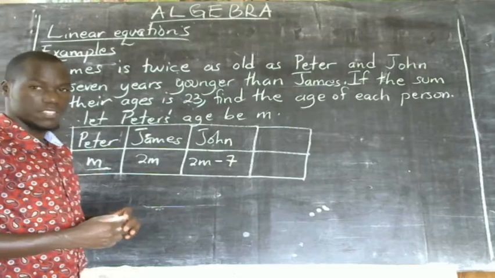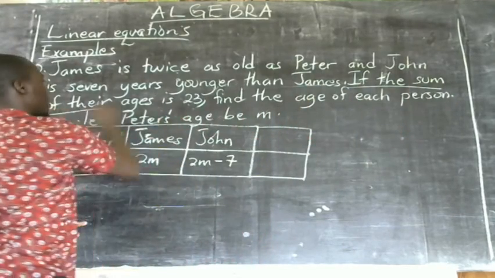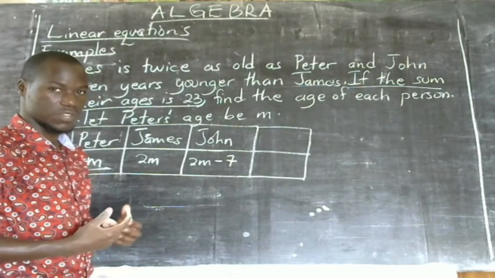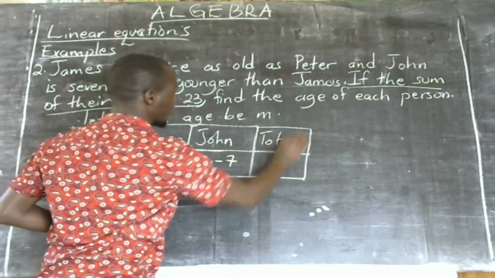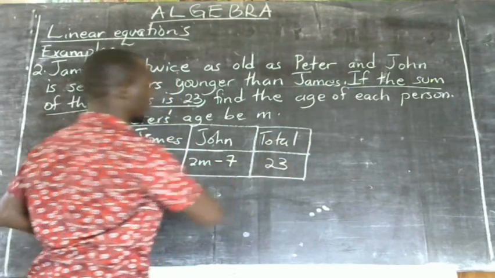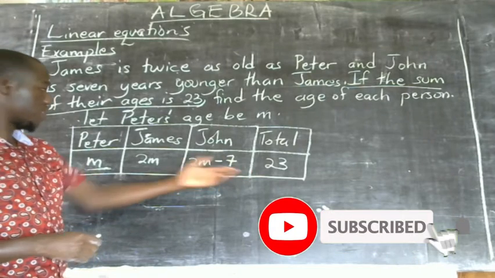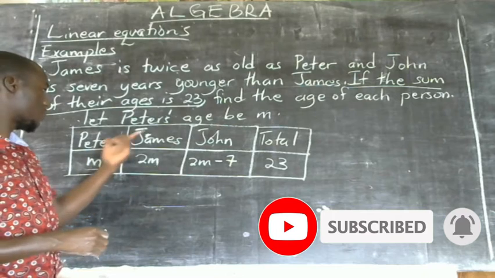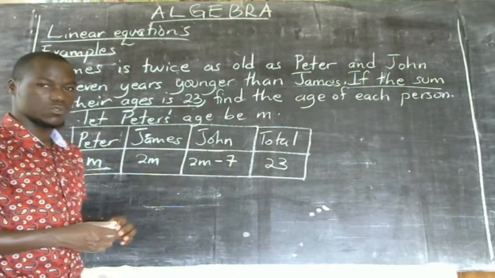Now, they have said that the sum is 23. So the total is 23, right? Now I need to get the sum of the ages of these three boys. Then thereafter I equate it to 23.